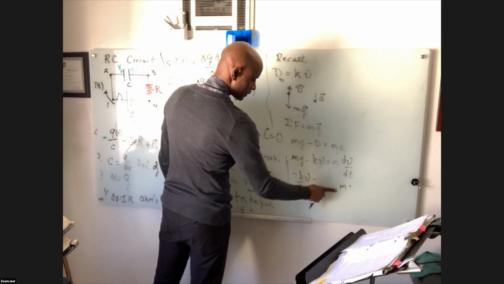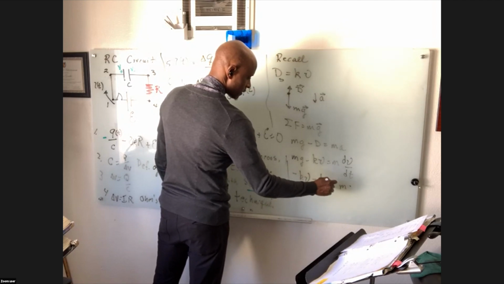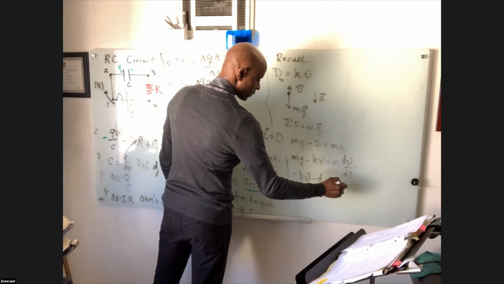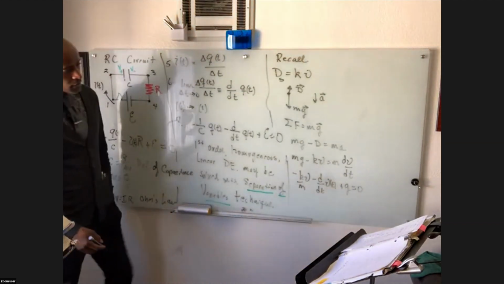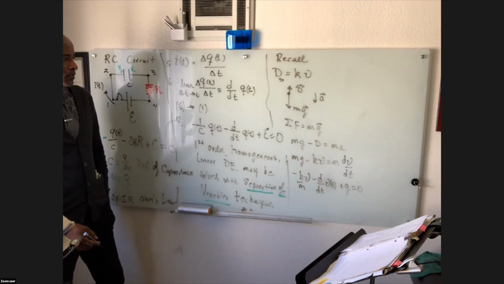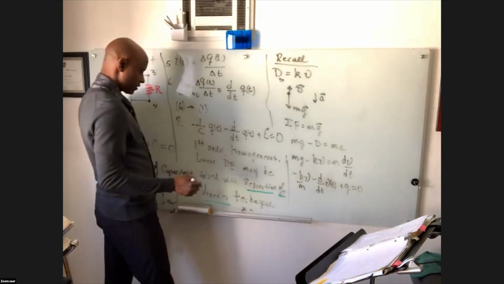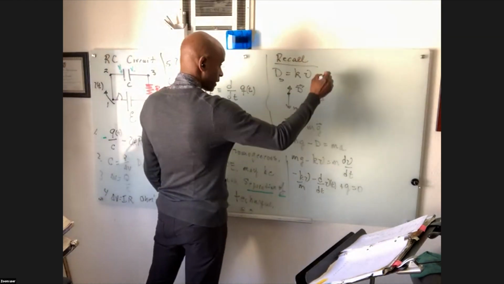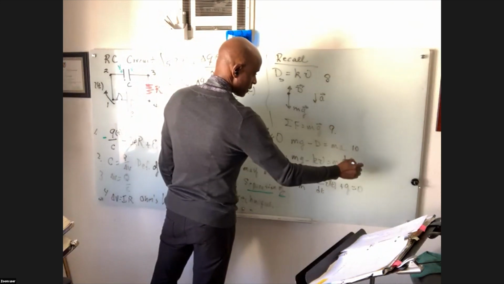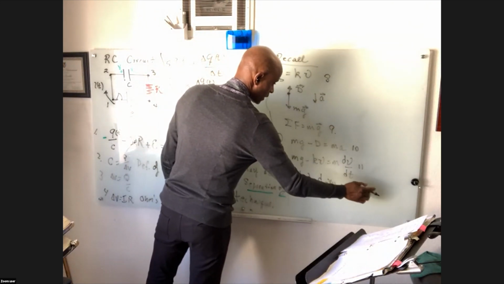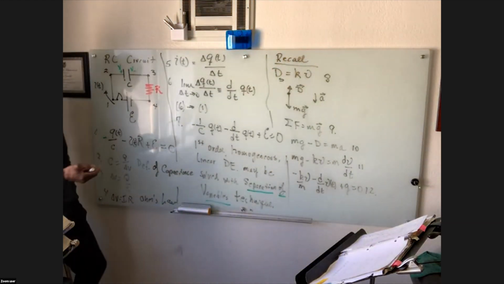So d/dt of v(t) plus (k/m)v equals g. If you compare equation 12 and equation 7, you can see they have the same form.